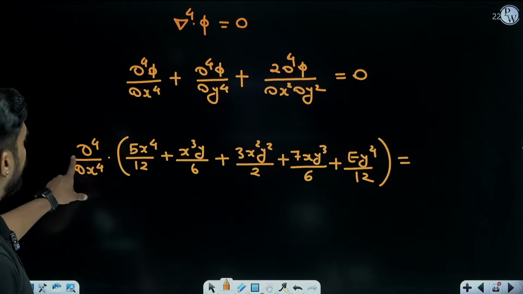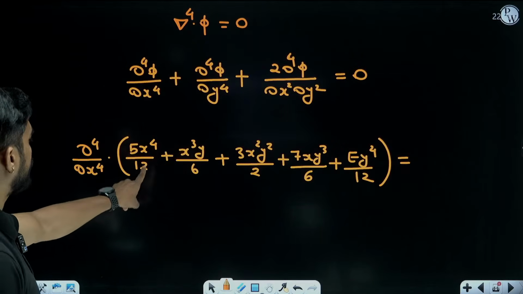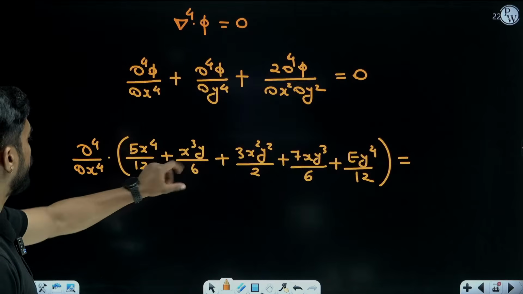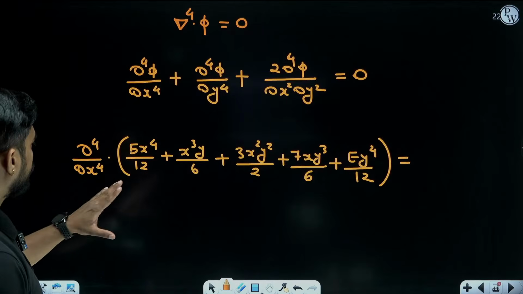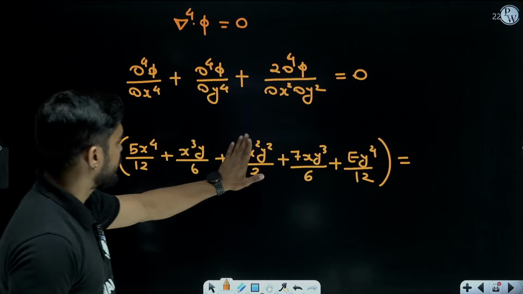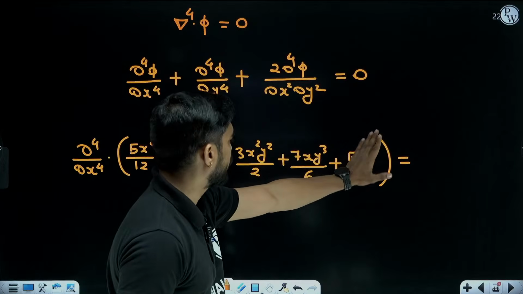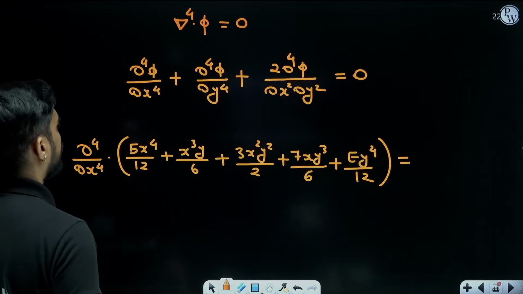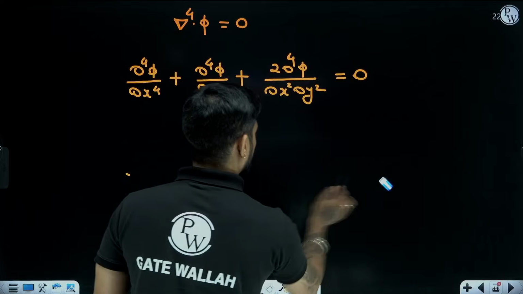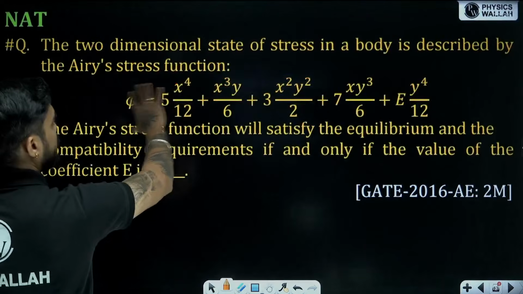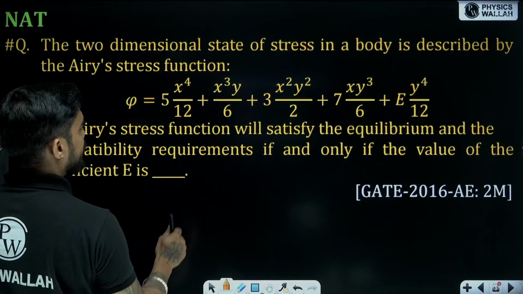So if I differentiate it with respect to x 4 times, what are you going to get, beta? This term, this term, this term, and this term will become 0, right? By looking at this equation, why waste time?